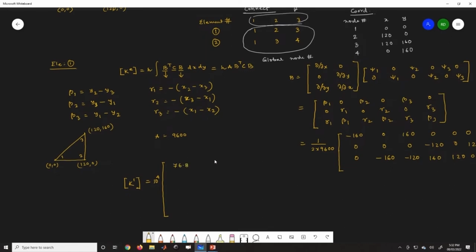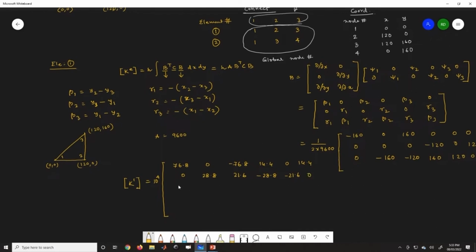So 76.8, then 0, then minus 76.8, then 14.4, then 0, 14.4, then 0, 28.8. You can check if that is correct or not. So minus 28.8, and then minus 21.6, then this is 0.